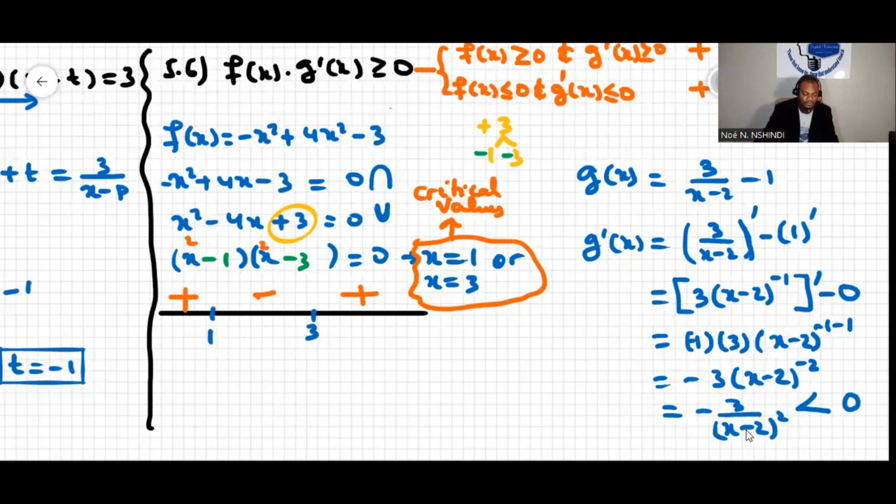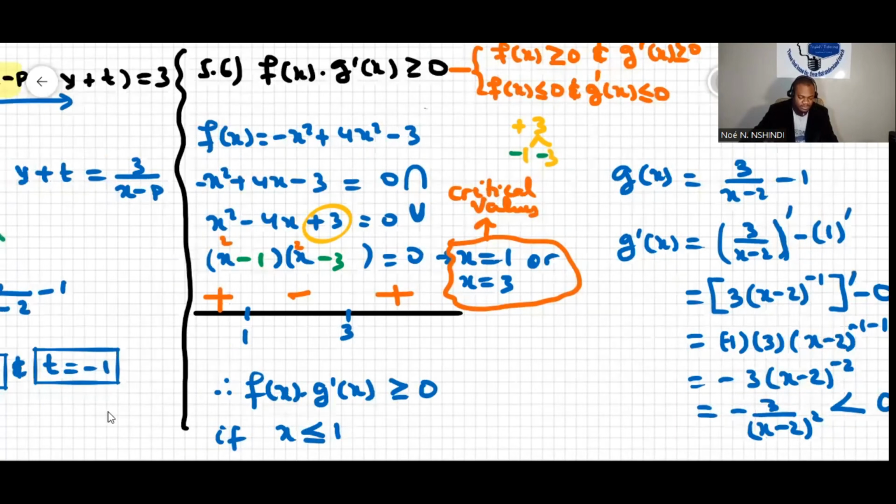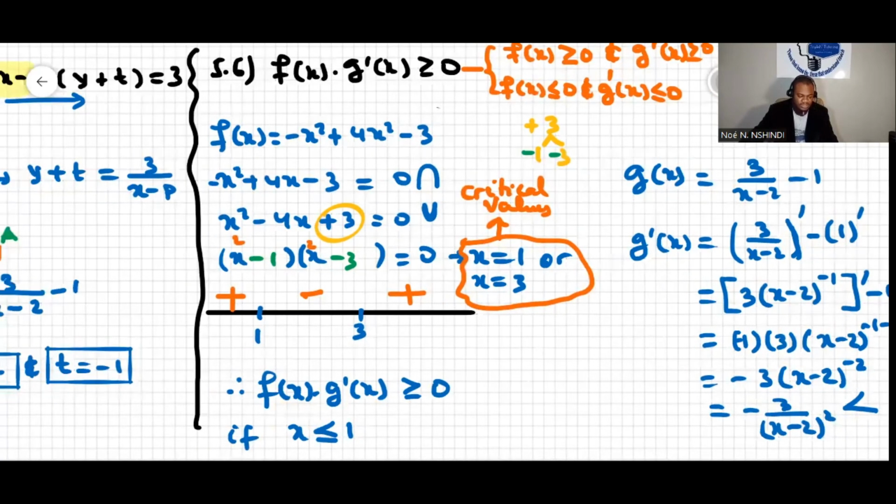Therefore we can say f of x times g prime of x will be greater than or equal to 0 if x is less than or equal to 1, because it says greater than or equal.